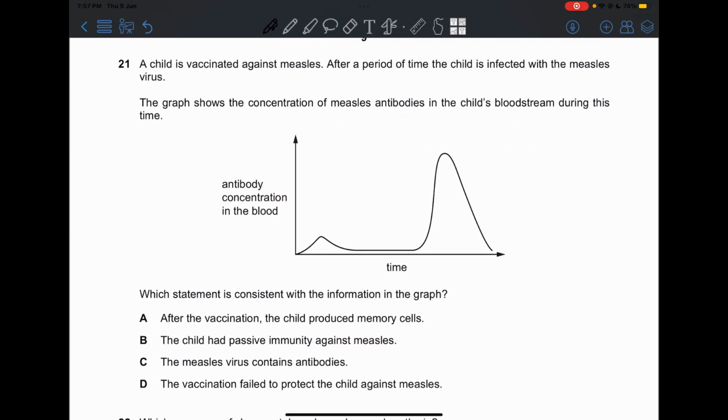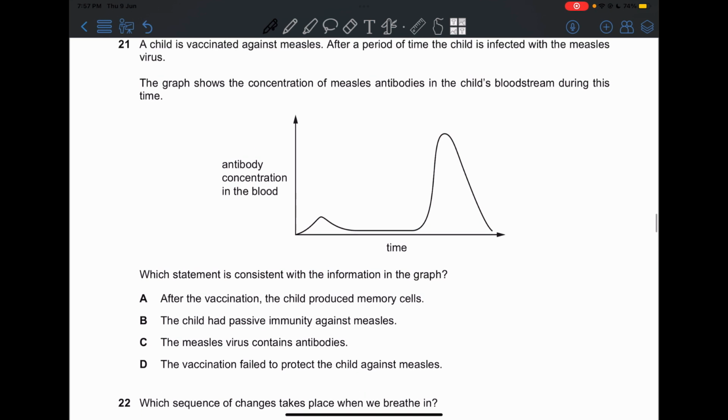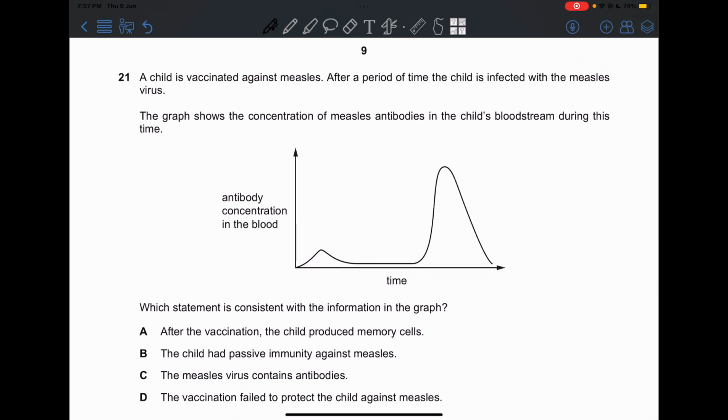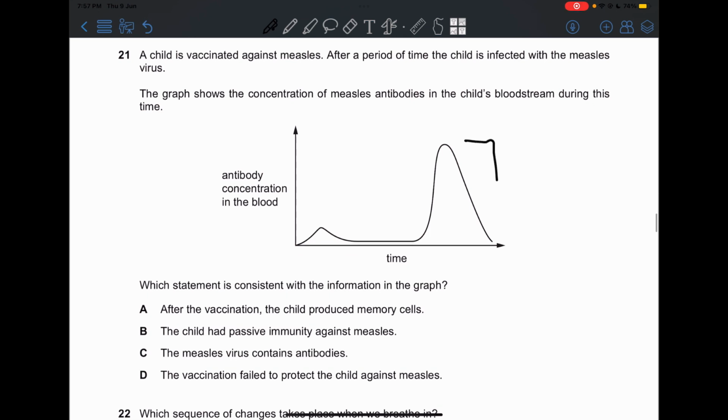21. A child is vaccinated against measles. After a period of time, the child is infected with the measles virus. The graph shows the concentration of measles antibodies in the child's bloodstream during this time. Which statement is consistent with the information in the graph? Now, over here we can tell that there was some memory cell production in this period of time.